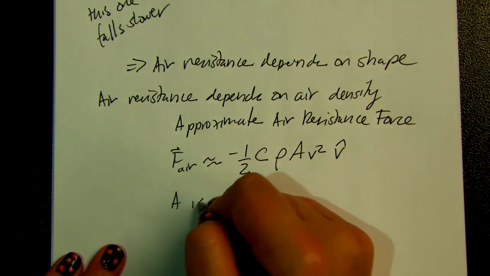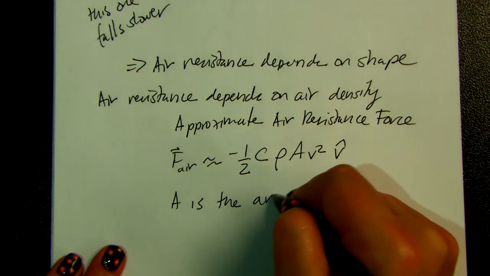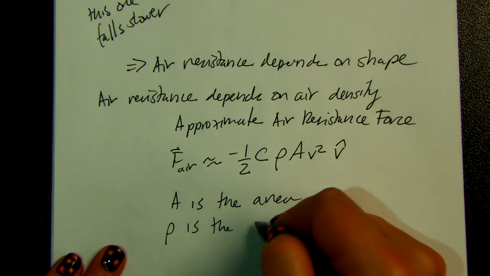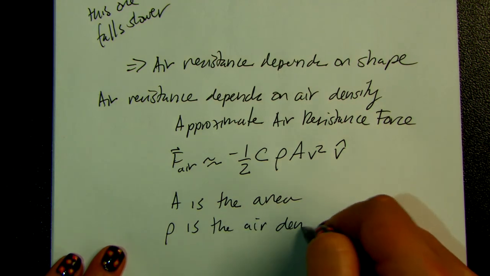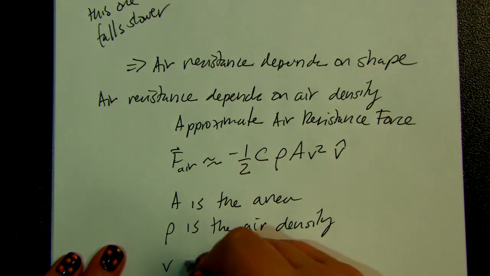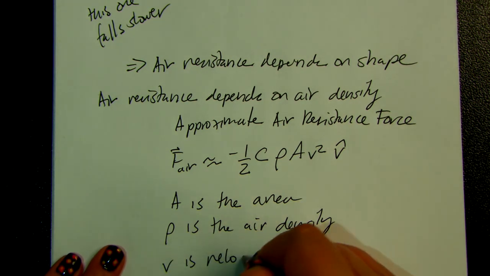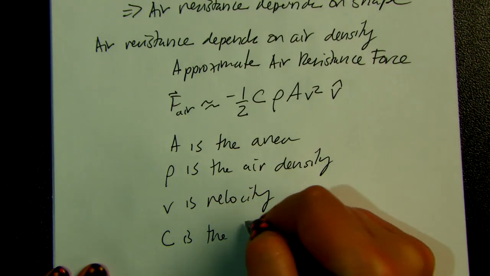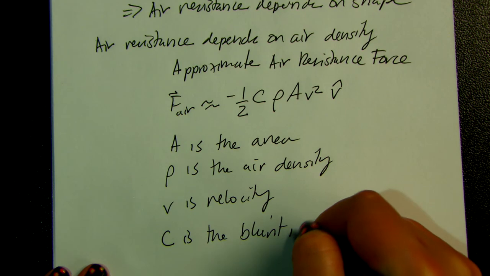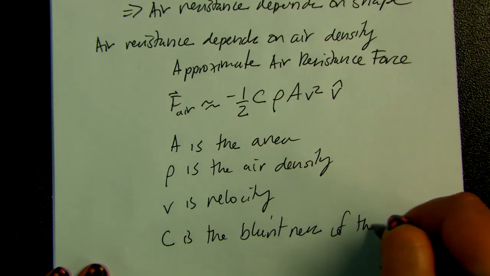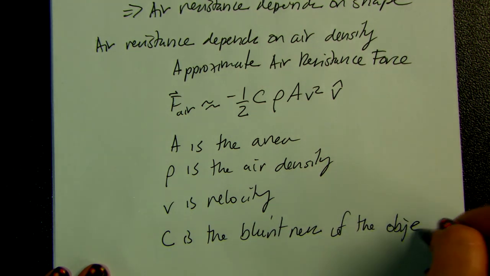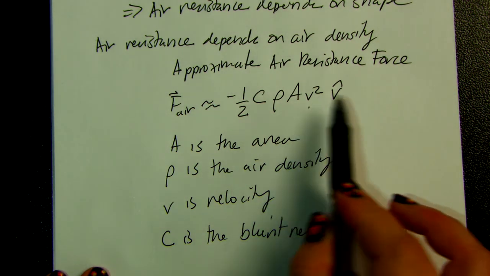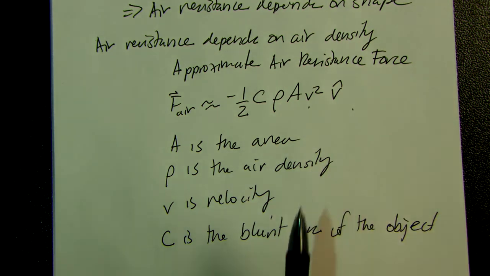So A is the surface area, rho is the air density, v is velocity, and c is the bluntness of the object. And you can see here, this is going to be the magnitude of velocity squared times the direction of it.